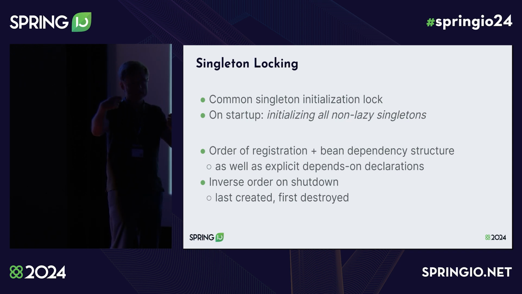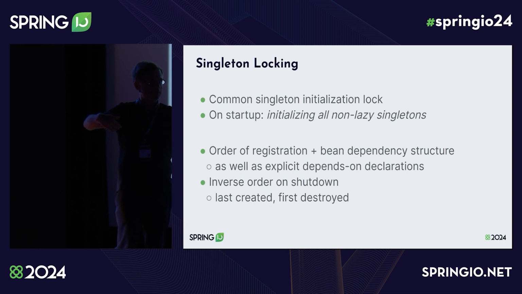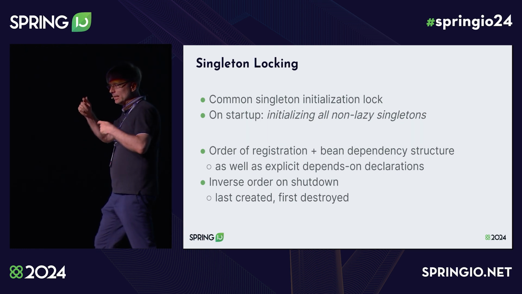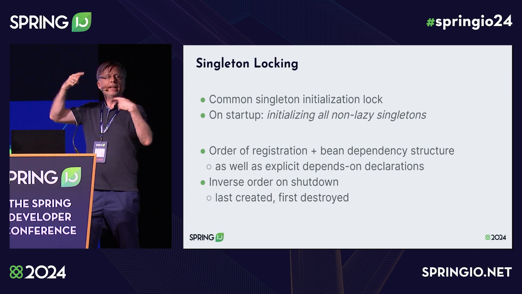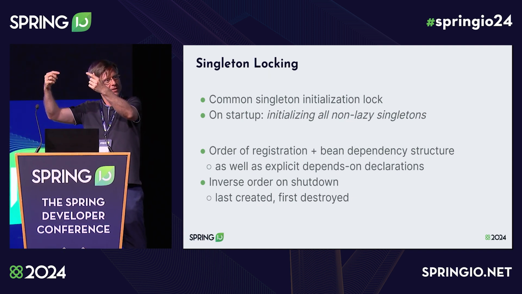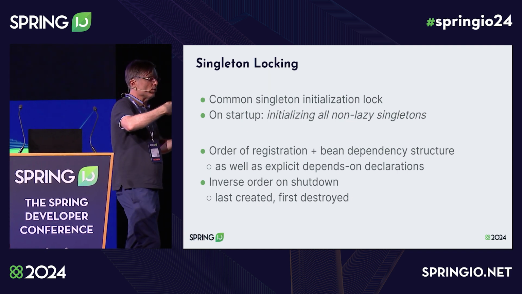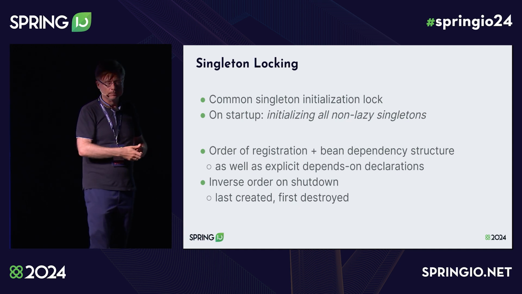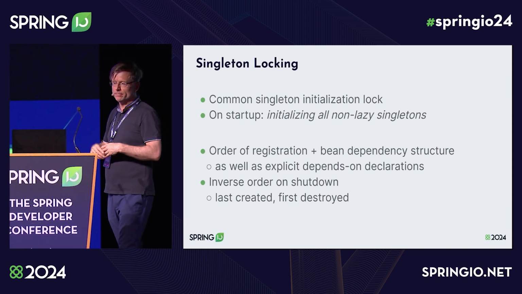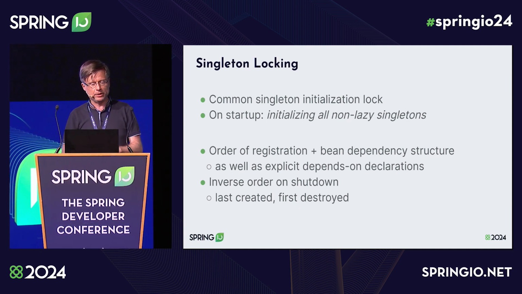It could still use the data source on destruction, and only when all of the dependent beans have been destroyed, then we're going to close the data source. So this idea of the right order of initialization also translates to the right order of destruction on shutdown, basically in the inverse order of what we did on startup.